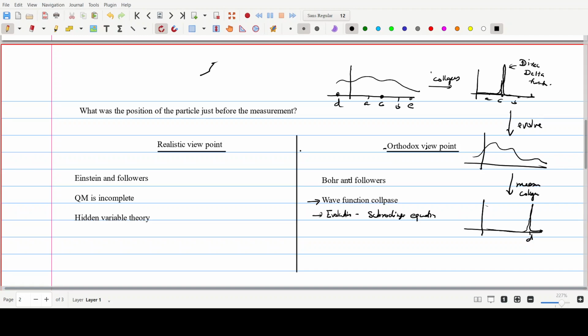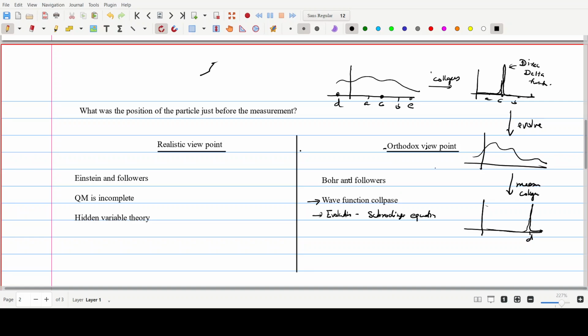If you are trying to find the location, or the momentum of the particle, it will collapse to one of the eigenstates. It will be a Dirac delta function, in the case of position.